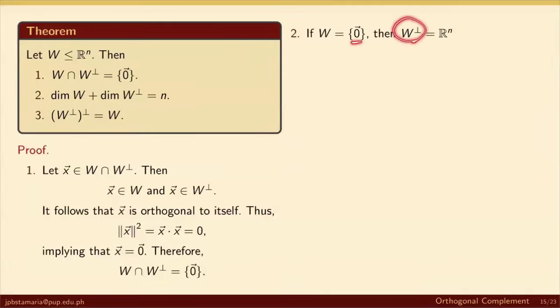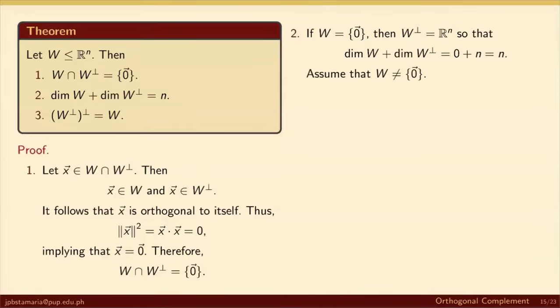That's why its perp is Rn. Because this is 0-dimensional, this is n-dimensional. Obviously, when you take the sum of their dimensions, it's always n. So that proves the claim for this trivial case.